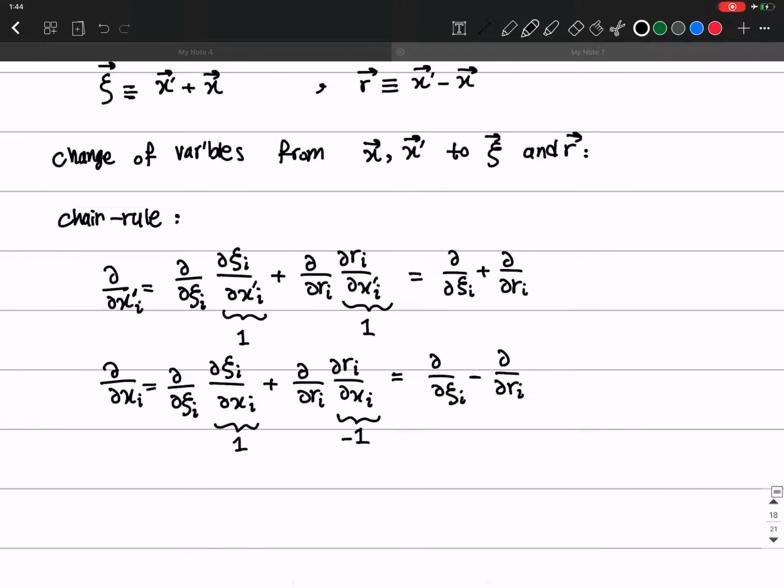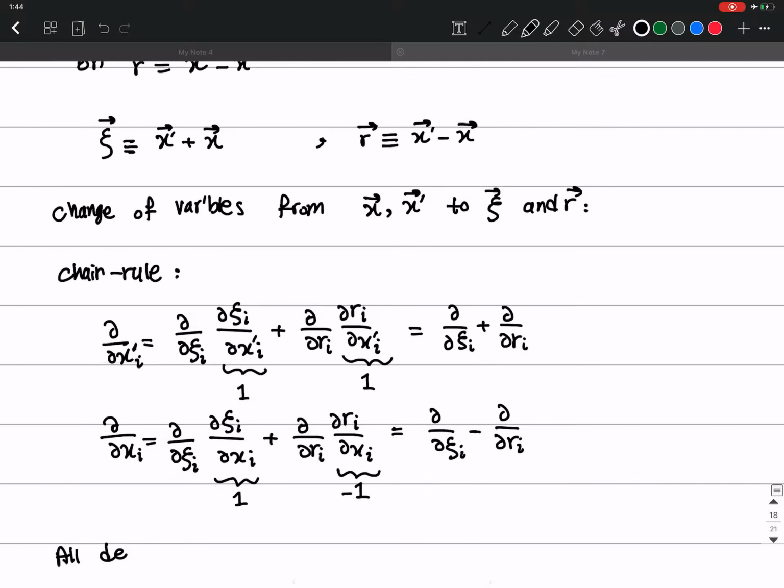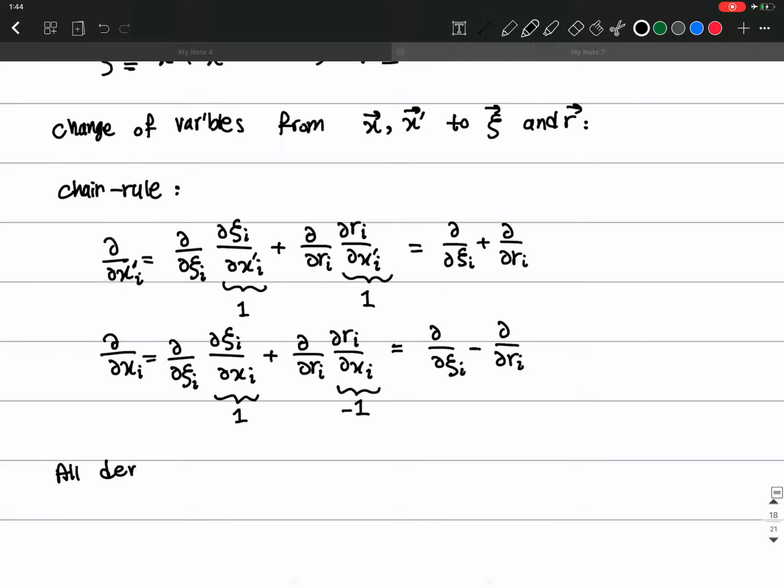Again, because of homogeneity, everything for the mean variables only depends on r, their distance, not their sum. So all derivatives involving ksi, if we put them into the original equation for the mean variables, are identically 0.